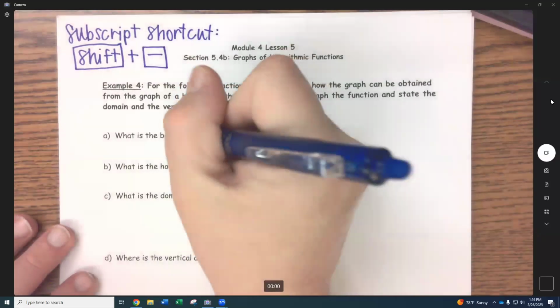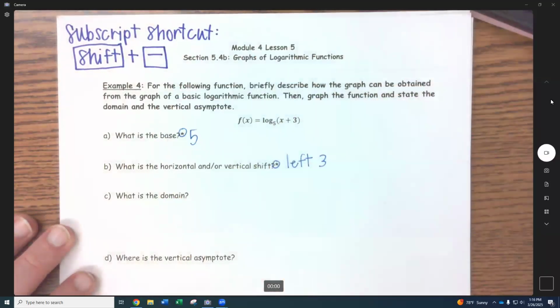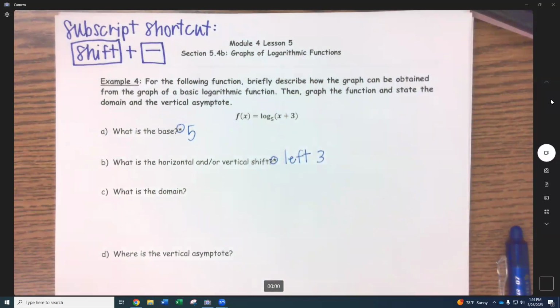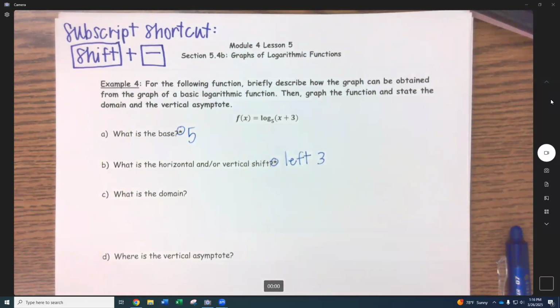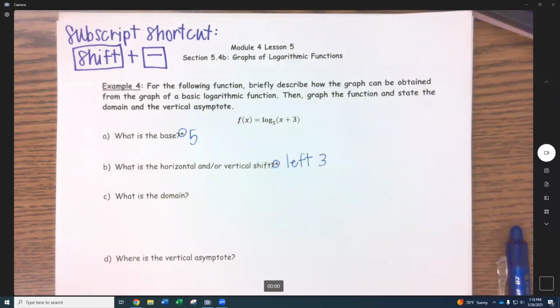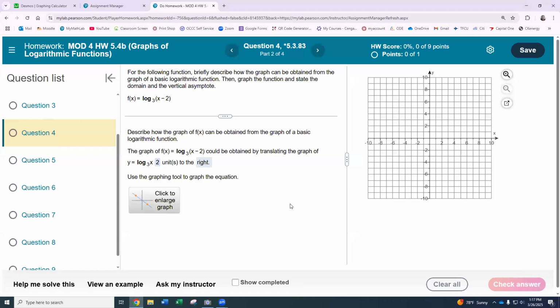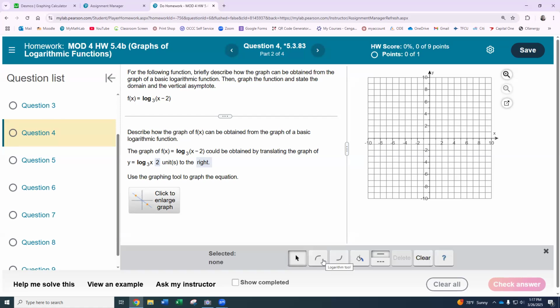Okay, now I have these little asterisks here again, because when you are in MyMathLab, all you need to be able to do to graph is be able to state these two. So let me show you. I have one pulled up here. You have to put in the shift already. Once you put in the shift, you're going to click in the graph and you're going to click your log tool. So if you don't know which one's which, hover. If you hover over this one, it's your exponential tool. If you hover over this one, log. And this is the exact same way as that exponential was.